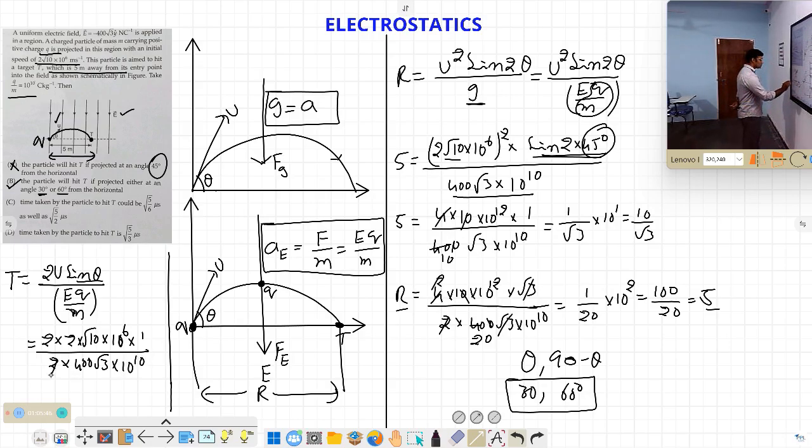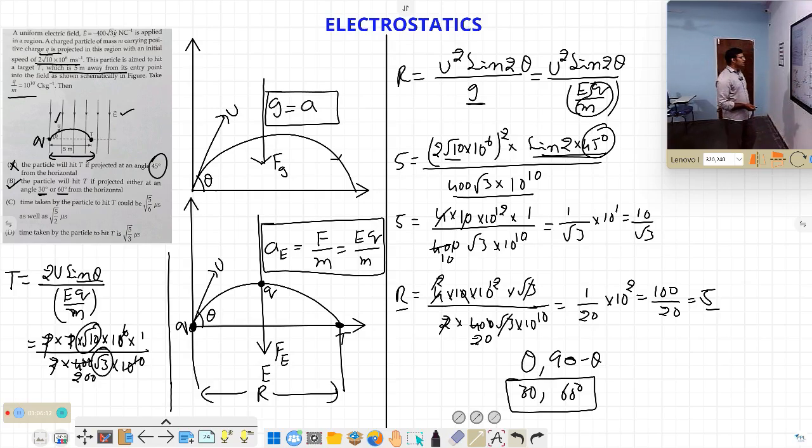Now this 2 gets cancelled. We can't cancel the rest, and we are going to get 1 by root 3. So we'll check it. This is 200 and this is 10, so 4 will be there, that becomes 10 power minus 1. So this is root 10 by root 10 and root 3.